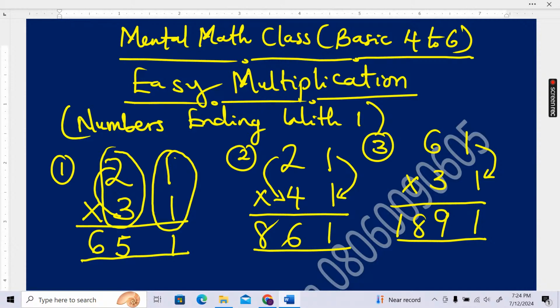Write down 18. So 61 times 31 is equal to 1,891. Now, for this answer that we just got for number 3, everybody type it in the comment section.